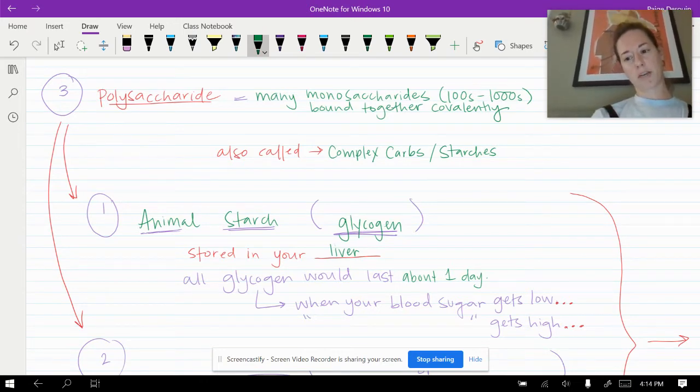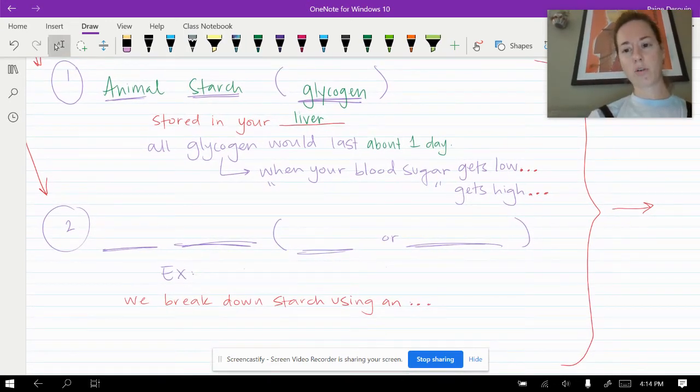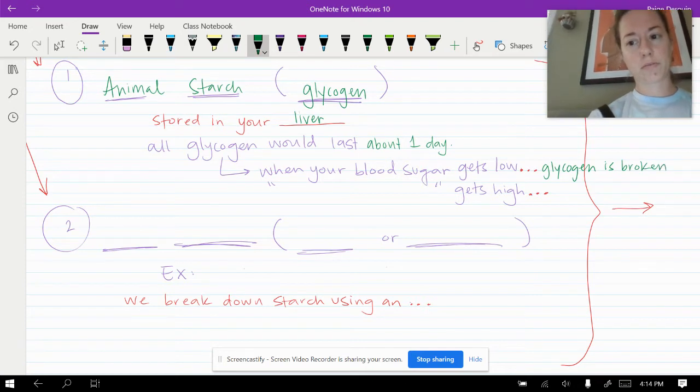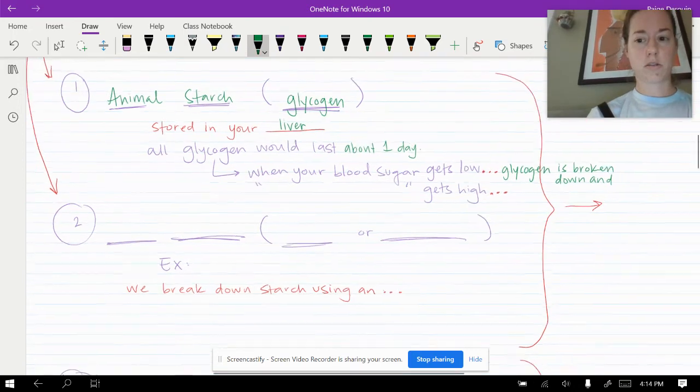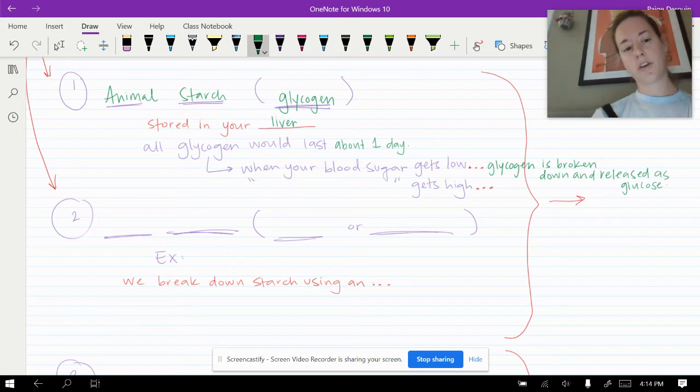The other interesting thing about glycogen is that when your blood sugar starts to get really low, glycogen is broken down and released as glucose, because that's what it's made of, is just a bunch of little glucose molecules bound together.